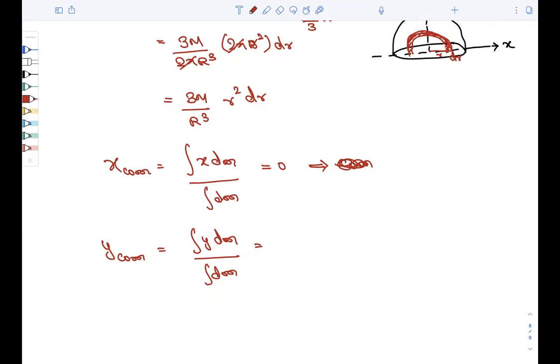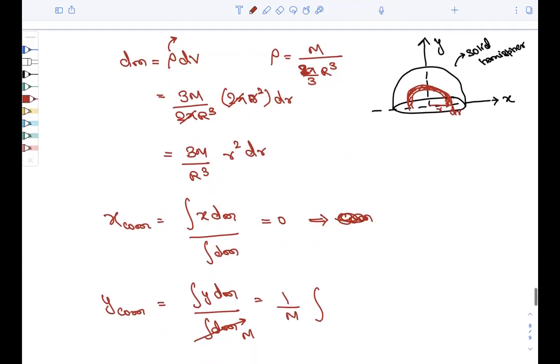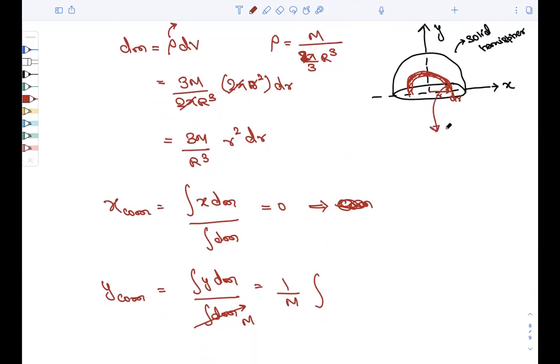So what is the integral of dm? ये सिंपली M आ जाएगा, total mass of the particle, तो इसको बाहर निकालो. तो 1 by m integration y dm. अब बताओ y कितना आएगा. This is the hemisphere, and what is the center of mass of hemisphere? r/2. याद करो, center of mass of hollow hemisphere is r/2. You can simply write this.